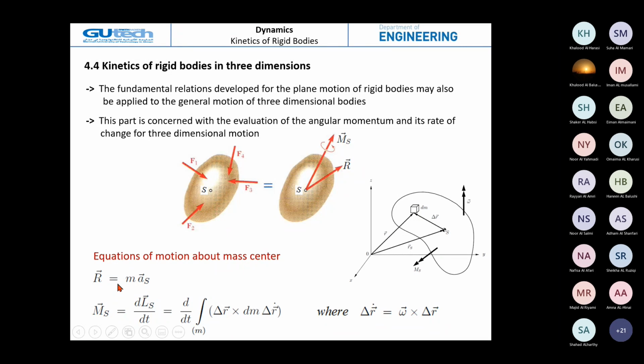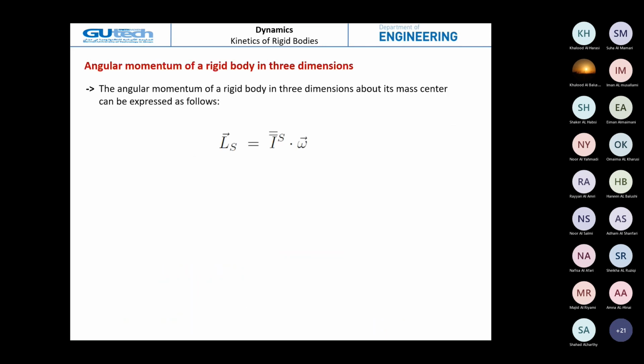Here we have to make the equilibrium, the mass times acceleration, and additionally we have here the moment, which is only the rate, or the time derivative, of the angular momentum. This can be generalized here, where delta r dot is only omega cross delta r. Then we generalize this equation.